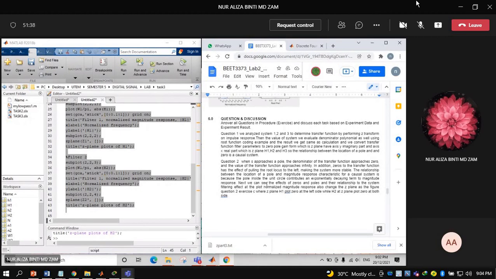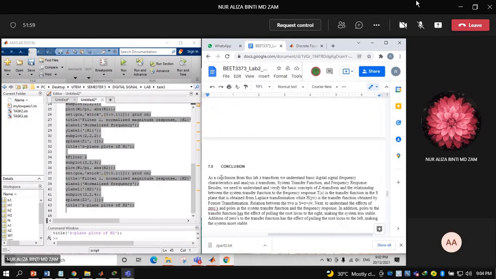Next, we can see the effect of the zeros and poles and their relationship to the system filtering effect. In the plot of the normalized magnitude response, we also change the Z plane as in the figure for question 2, exercise C, with Z plane H1 plotting zeros on the left side, while H2 plots zeros on both sides.